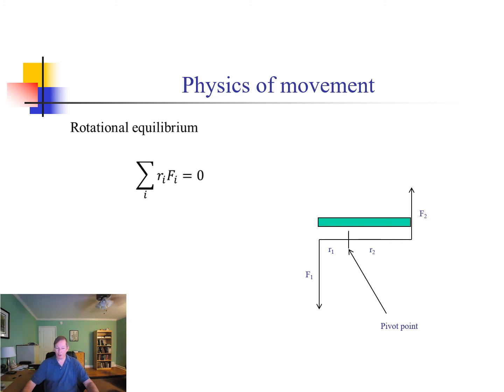Now, in contrast, for rotational equilibrium, I have a point of pivoting. And in order for my body to not have a rotation about that point, it has got to be at equilibrium, meaning that the moment arm times the force, the product of those two, has to equal the moment arm times the opposite force.